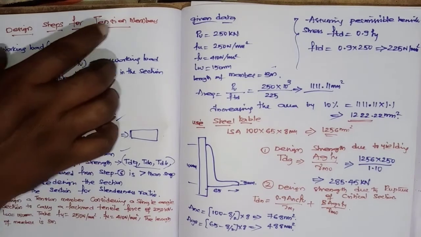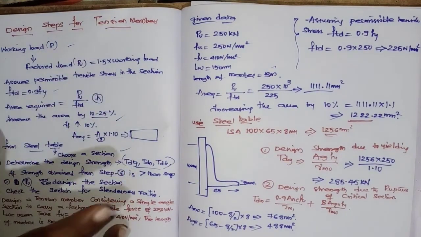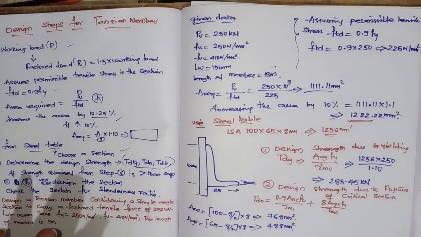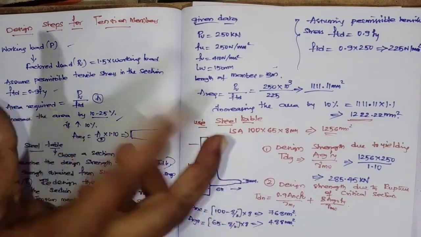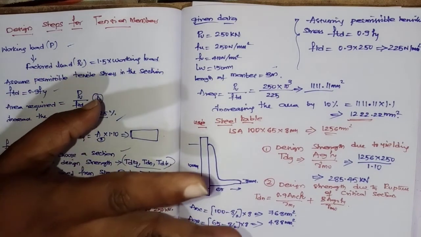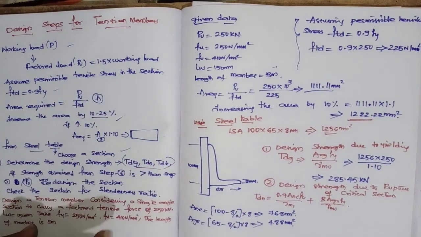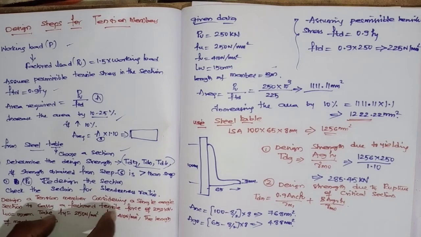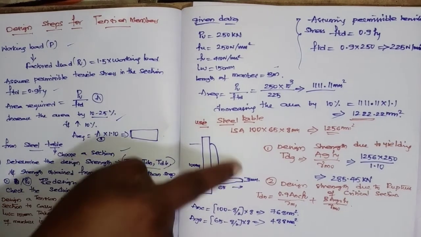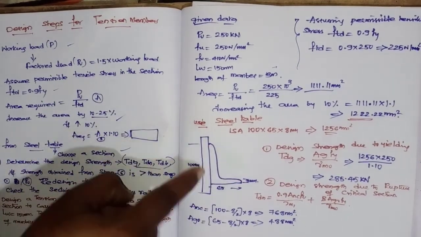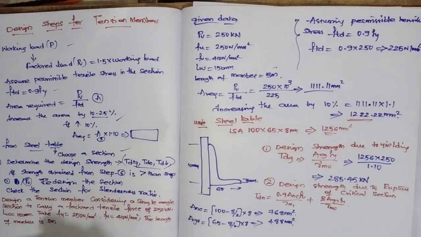Now for double angle, the load given has to be halved, since while choosing the section in the table book you won't get double angle section values. For that reason, first design the section for half of the load given, and after choosing the section, you make it double, that's all.